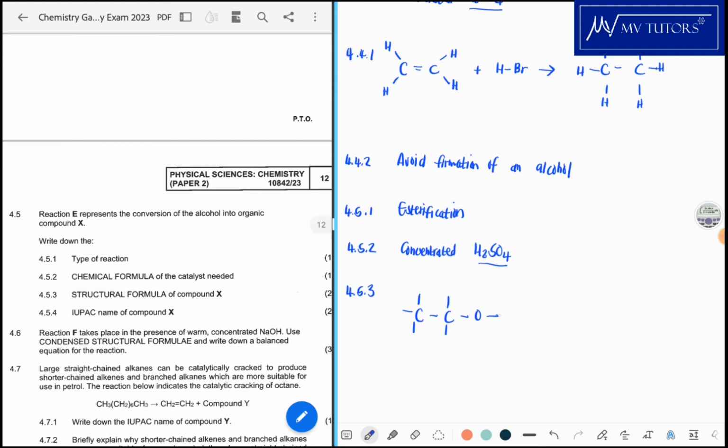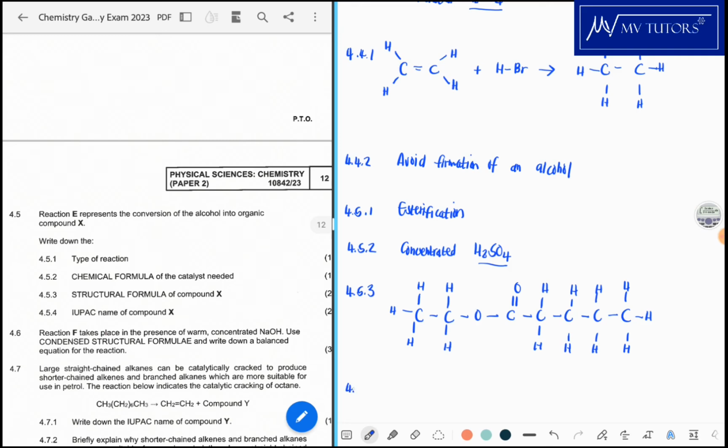Then we bonded to oxygen, then we have that carbon bonded to oxygen, and this should be 4 extra carbons because it is ethyl pentanoate. So 1, 2, 3, 4, 5. Okay, and then we just put in our hydrogen atoms over there. Please do not leave them out. All right, there we go. All right, and that is it.